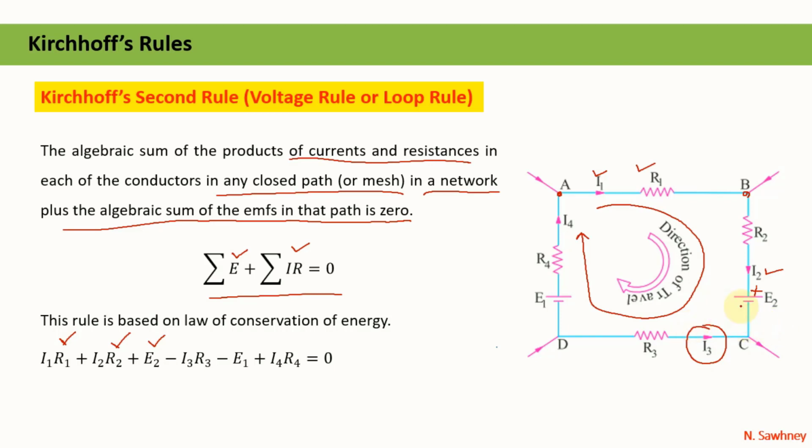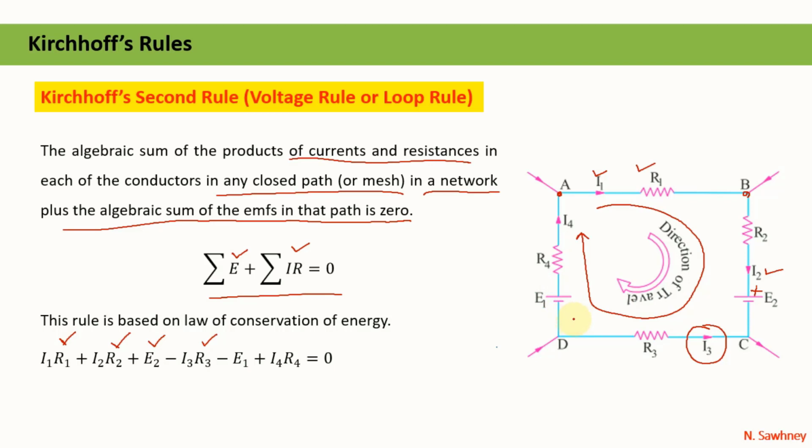That is, when we are traveling from C to D, the current I3 is marked opposite to the path of our travel. So we will write as minus of I3 R3, like here I have written.